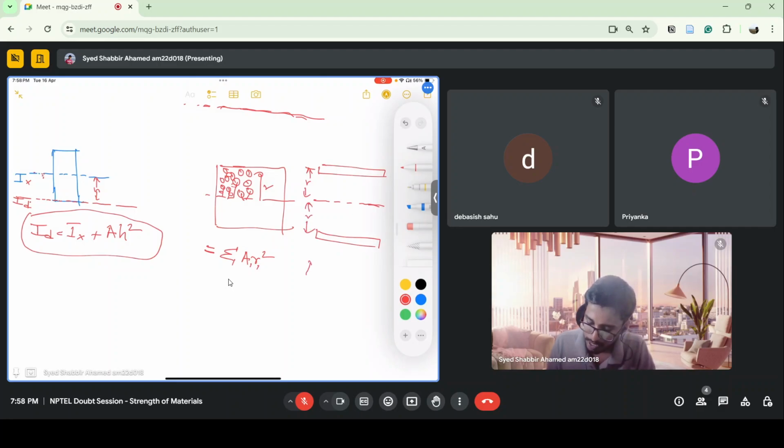Now if I multiply, the area of these strips is equal to A. So it's like an average distance. Here my elements are present at varying distances, right? Let's say I assume that all my elements are present at an equal distance from the axis, that is r.